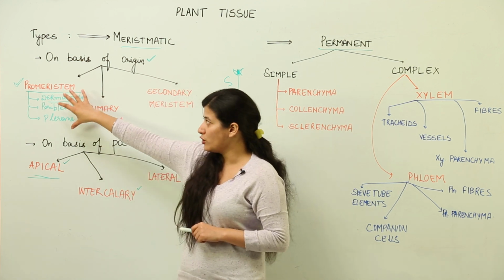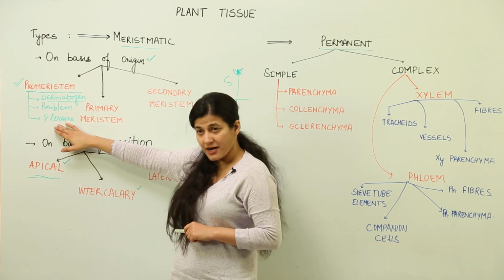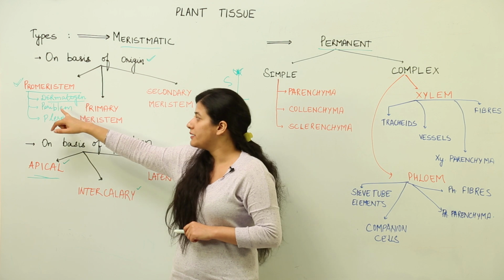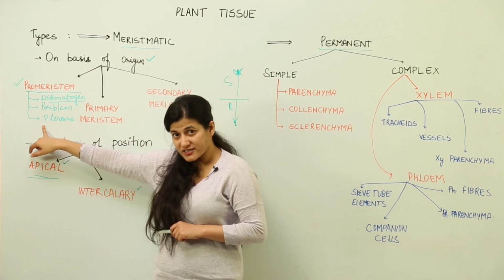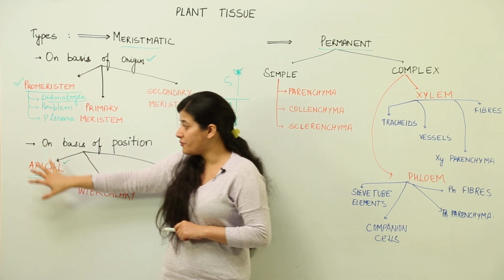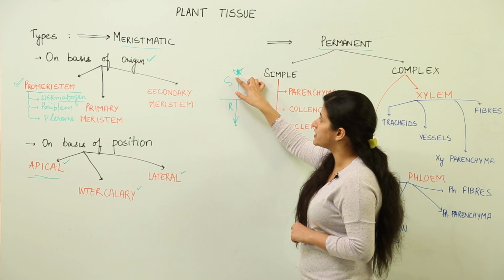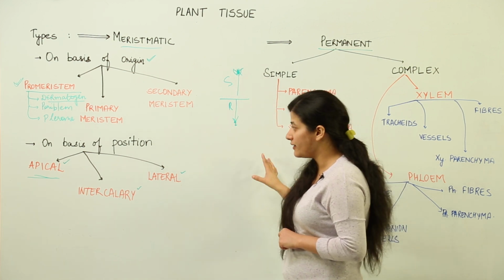So we have promeristem differentiating into dermatogen, periblem and plerome, which further differentiates into the epidermis. Periblem differentiates into the cortical region and plerome develops the vascular tissue, and all these are present in the apical meristem, and these apical meristem are situated at the apices of both root and shoot inside the plant.